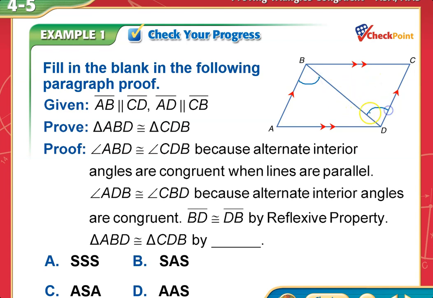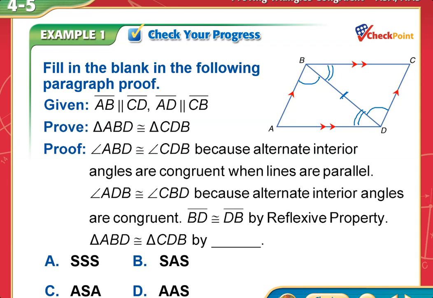Those are alternate interior angles when the lines are parallel. We also have angle ADB and angle CBD because they're alternate interior angles. So ADB is this angle here, and CBD is up here. And then we also have BD. This side is congruent to itself by the reflexive property.